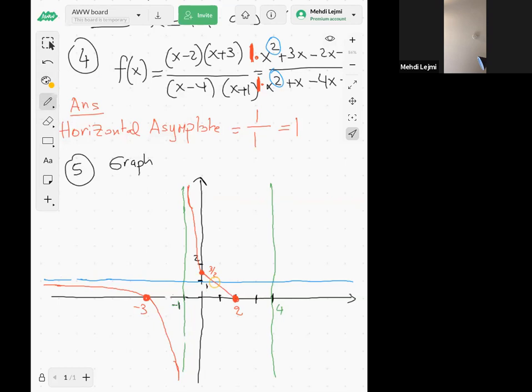But you cannot cross the horizontal asymptote when you are at infinity here, or here. But in the middle, it's fine. All right, so I'm going to go to the 2. I got here my x-intercept at 2.